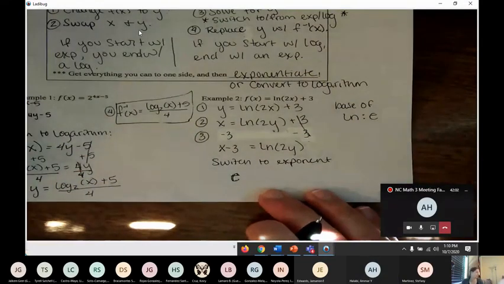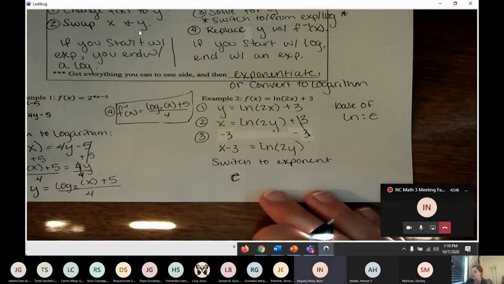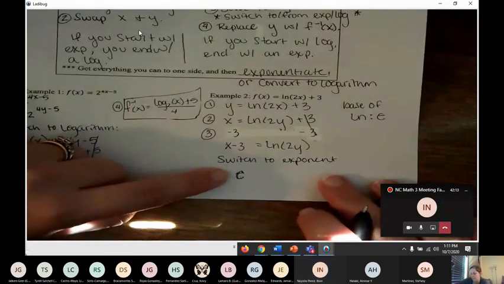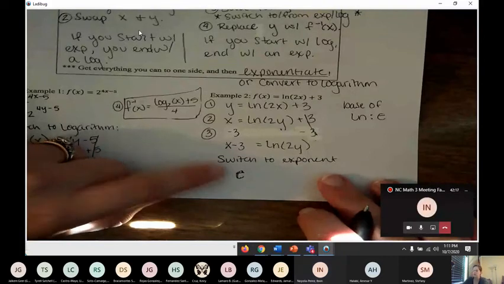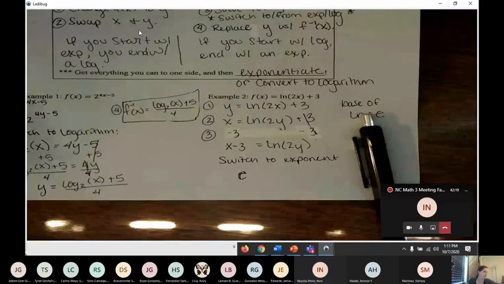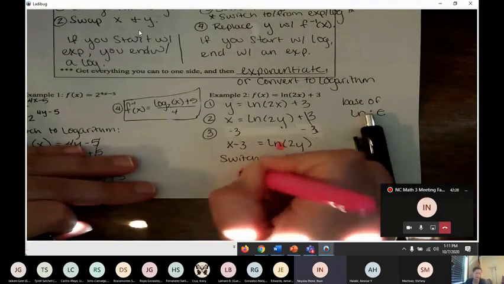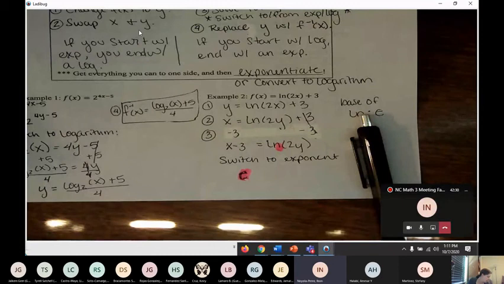Iban, are you there? Yes. Okay, so what's my new exponent gonna be? So we have, let's see. Our base was pink. So the base is silent here. It's the e. Right.